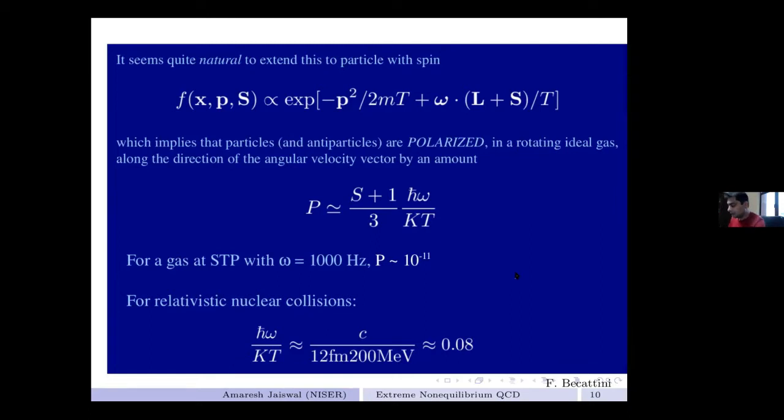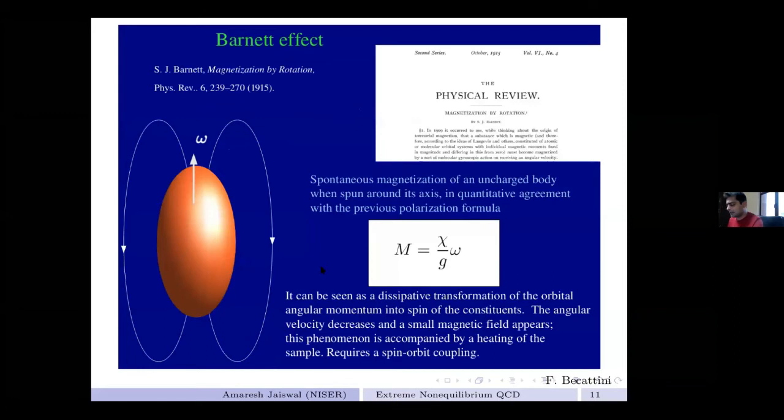Okay, of course, if one wants to apply hydro, then one has to go into more details of doing this calculation. However, this thing is not new. So this fact that one can obtain polarization by rotating fluid is not new.